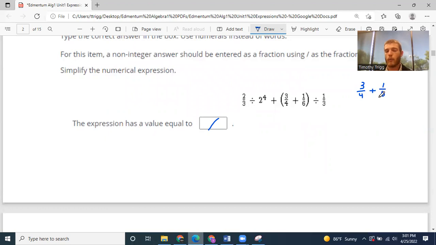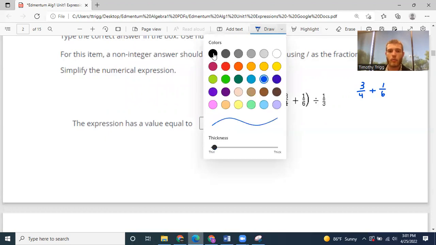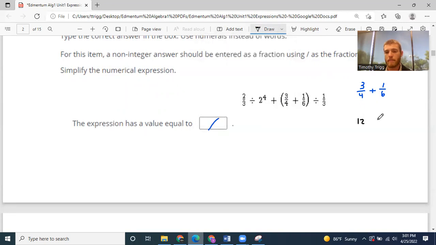Okay. Now, what would be the lowest common denominator between fourths and sixths? Well, that would be twelfths. Because we can change fourths into twelfths, and you can change sixths into twelfths. To change from fourths to twelfths, you'd multiply by 3. Right? 3 times 4 is 12.